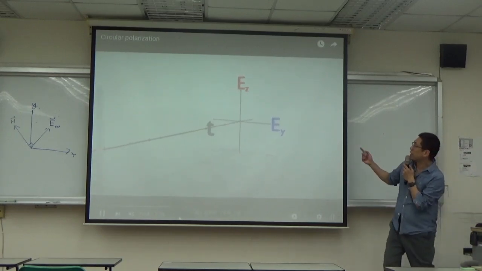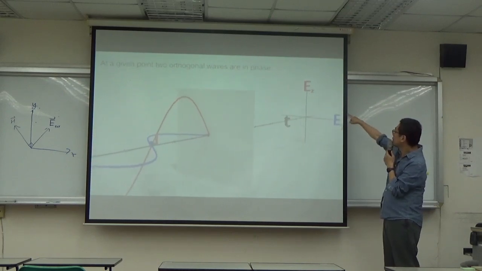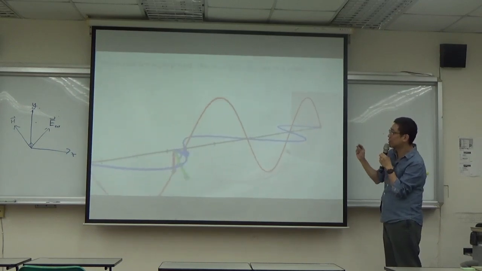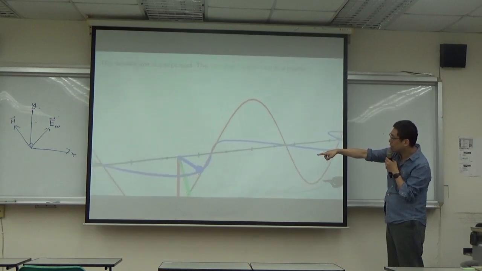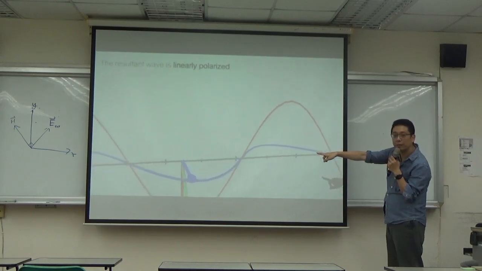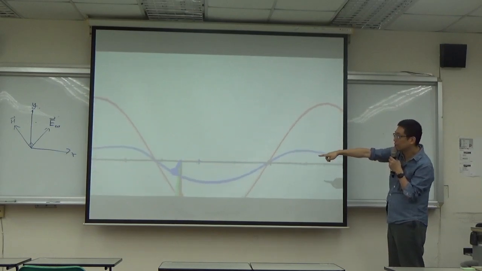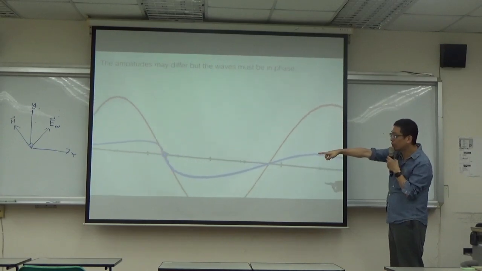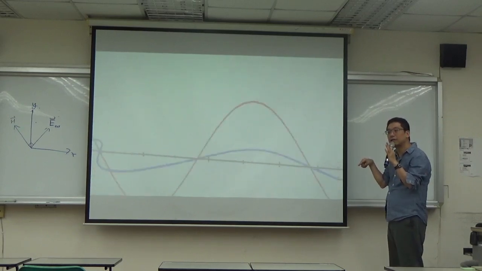For the first part, it is a linear polarization. You use EZ and EY, these two directions, and both of them are the same, right? So your total E field is changing along the position and the time like a line. This is a linear polarization. The green one is EY plus EZ.